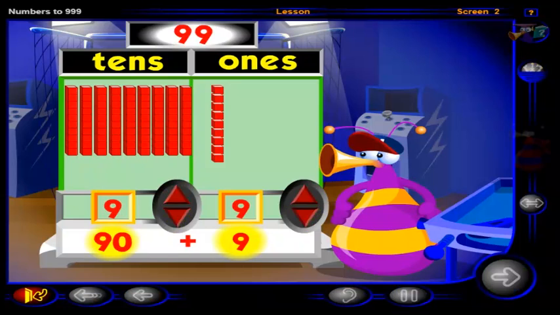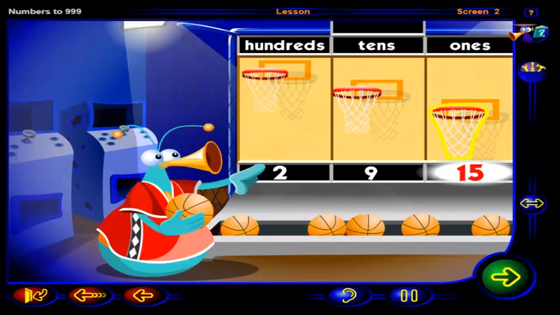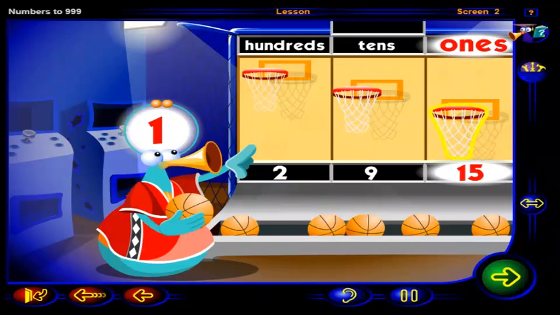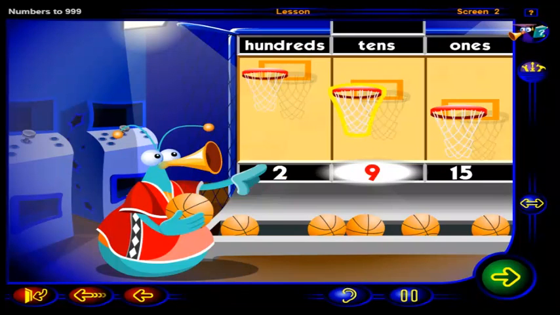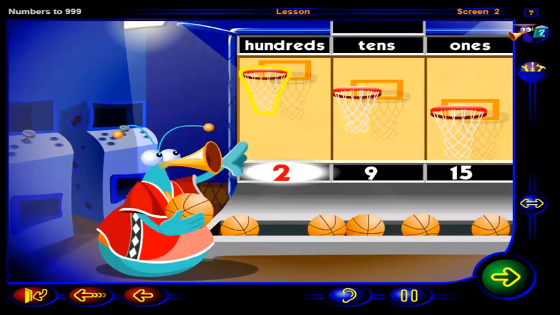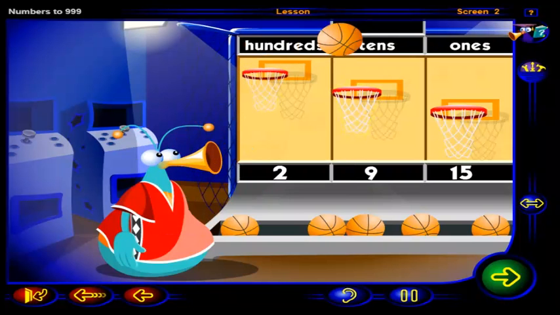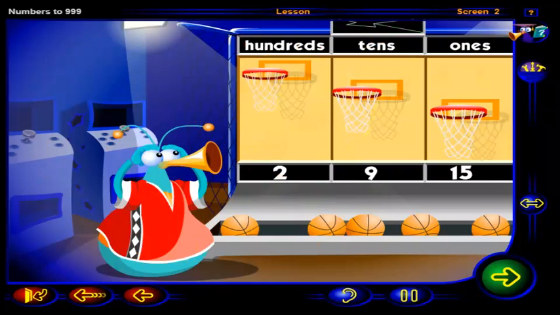Hey, you're doing well. You scored 15 baskets that are 1 point each, 9 baskets that are 10 points each, and 2 baskets that are 100 points each. Uh-oh, it looks like the machine is broken.